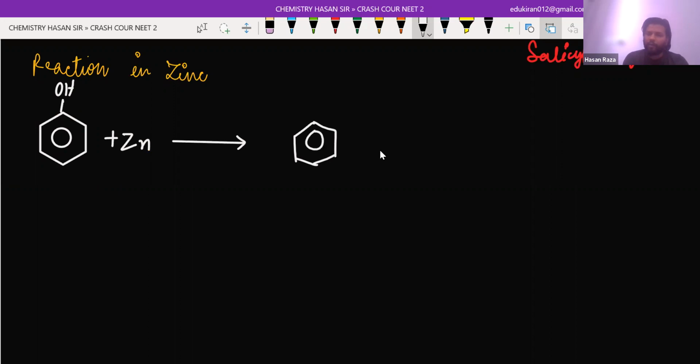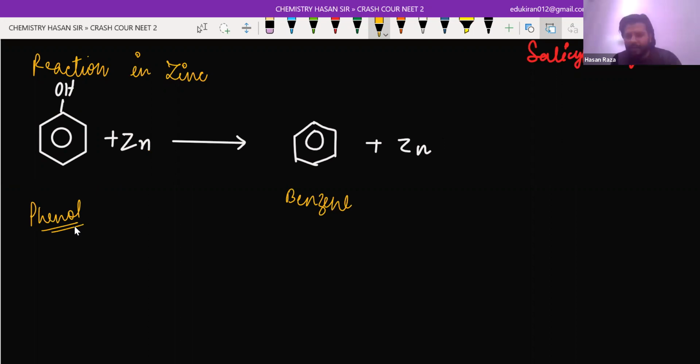So this reaction gives benzene, and it is also a reaction for the preparation of benzene from phenol. This is your phenol. If you treat phenol with zinc, the zinc will take oxygen from the phenol and it will be reduced to benzene.